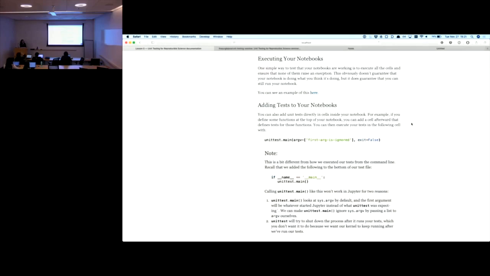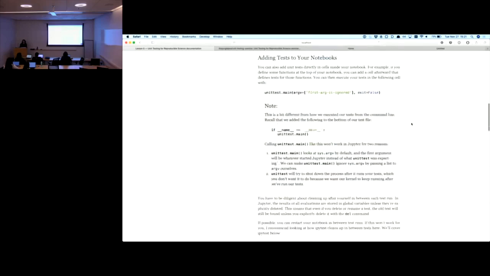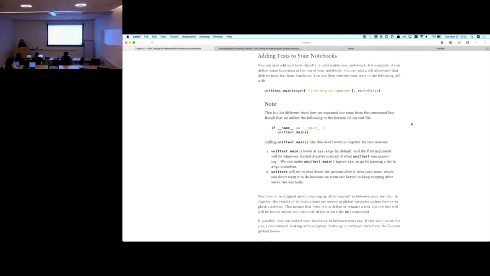So I linked to an example of how to write a test that just executes your notebook and looks at the output of every cell and makes sure that there's not an exception. So this is sort of the bare minimum that you might want to do. The other thing you can do is that you can actually add tests to your notebook itself.